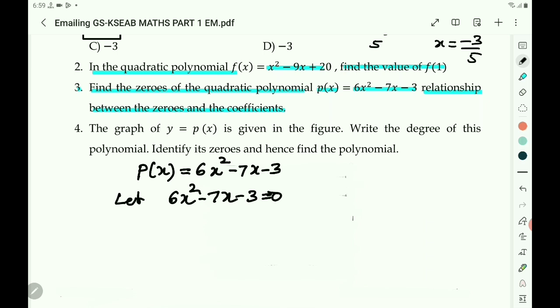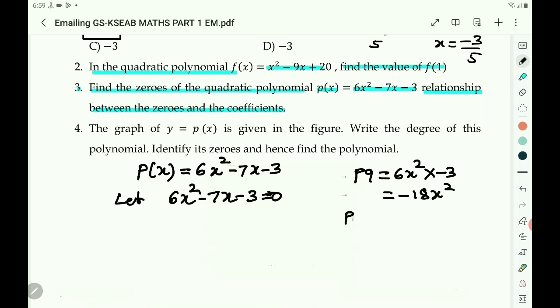By using the splitting the middle term method, we can get the zeros here. Take sum and product. 6x² into −3 is PQ, the product. PQ = 6x² × (−3) = 6 × 3 is 18, so −18x².